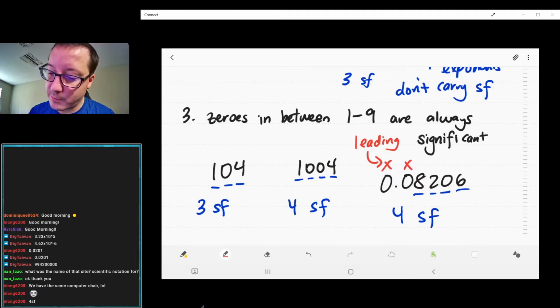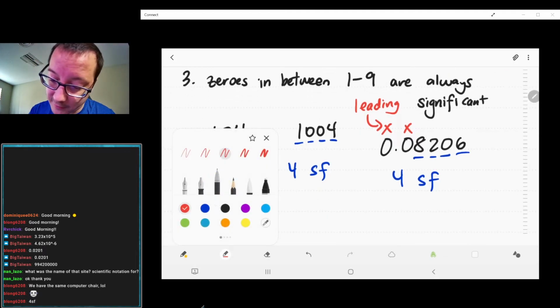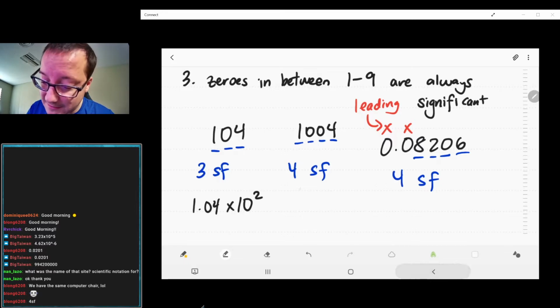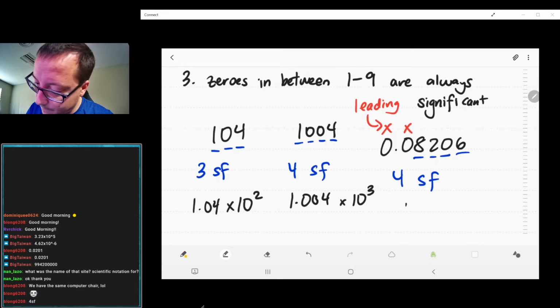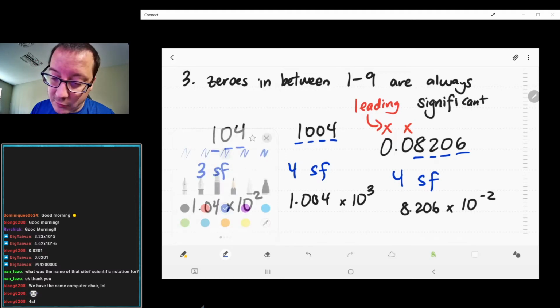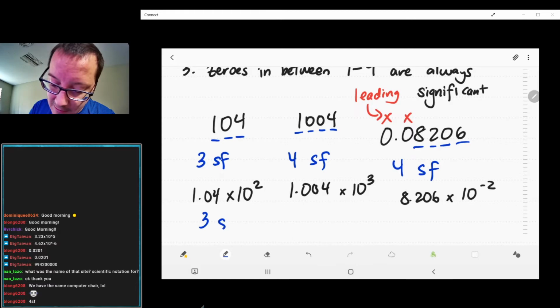And again, if we were to put all of these numbers into scientific notation, we would be able to see exactly how many sig figs are going to be there. We're going to see that scientific notation will always give us only sig figs.